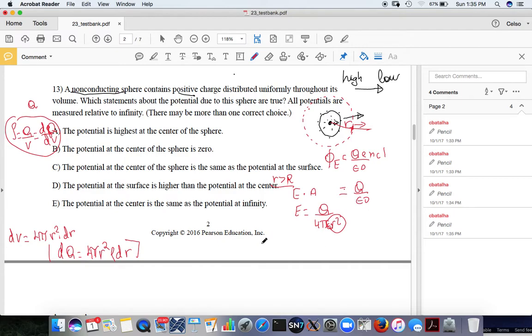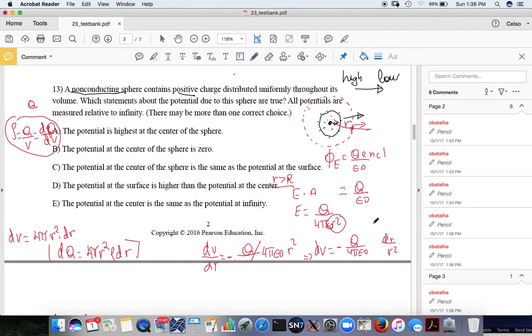Now, how can we calculate the voltage? dV/dr is equal to the negative of the electric field, which is Q over 4 pi epsilon naught r squared. Therefore dV is the negative of Q over 4 pi epsilon naught times dr over r squared.